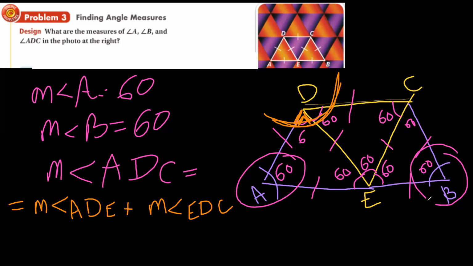Is it right? Yes, the big one has two angles inside it. What is the measurement of ADE? 60. And EDC is also 60. So what is the measurement of the angle ADC now? The big one. 120. Is it clear? Yes, teacher.